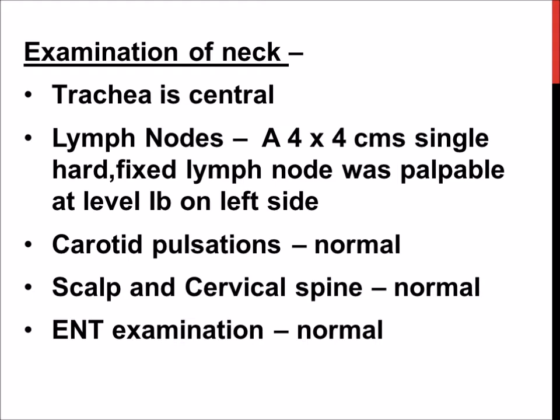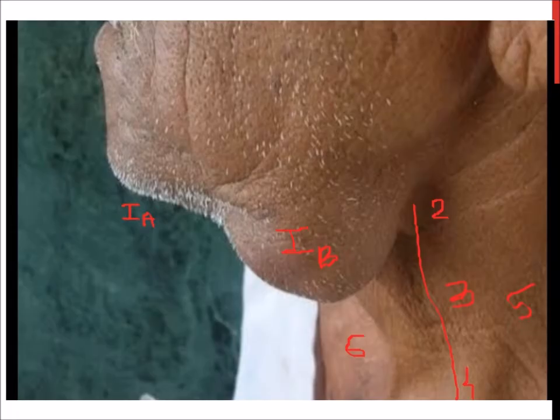Carotid pulsation, scalp, cervical spine, ENT is normal. Here now let's see, this is the patient's neck area. Area 1A is the submentum, area 1B is submandibular, area 2 is the upper jugular, that is upper 1/3 along the sternocleidomastoid, 3 is middle 1/3 along the sternocleidomastoid, and 4 is lower 1/3 along the sternocleidomastoid, 5 is the posterior triangle, 6 is the central area just in front of the trachea.